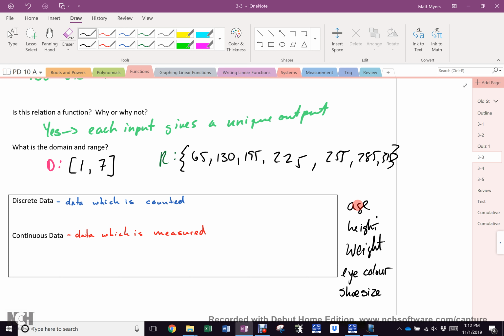No, you don't. So we display our age discretely, but in reality, what is it? Continuous, because our age is always available to us through the range of life. You're born, your age is 0. You die, your age in Canada is approximately 80. Everybody understand?